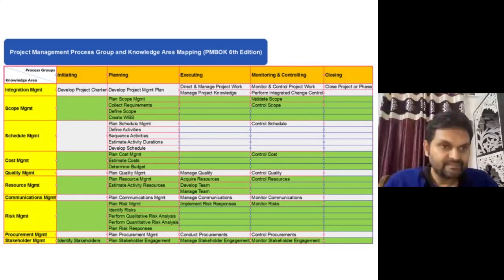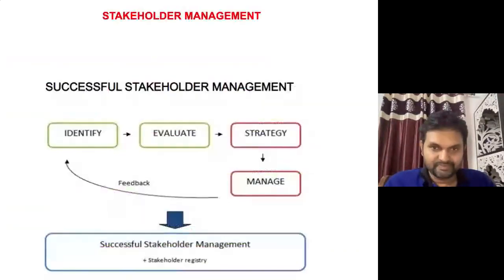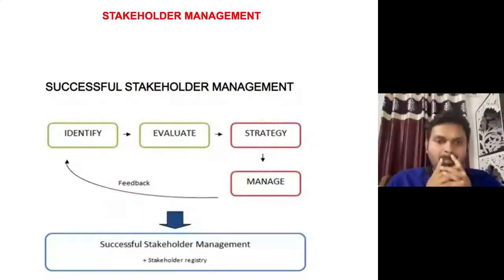Okay, so can we start with the stakeholder identification and management? Okay, everyone is with me? Just say yes if you're with me. Okay, fantastic. Thank you. So let's start.